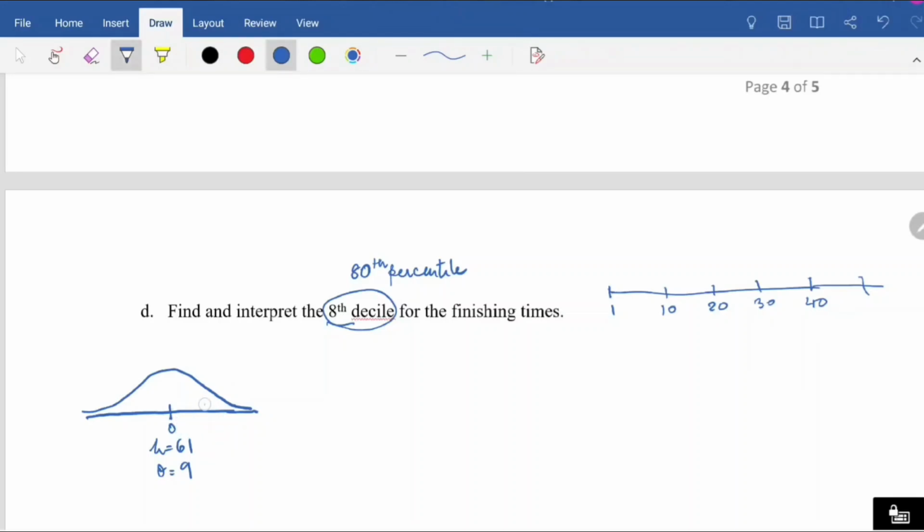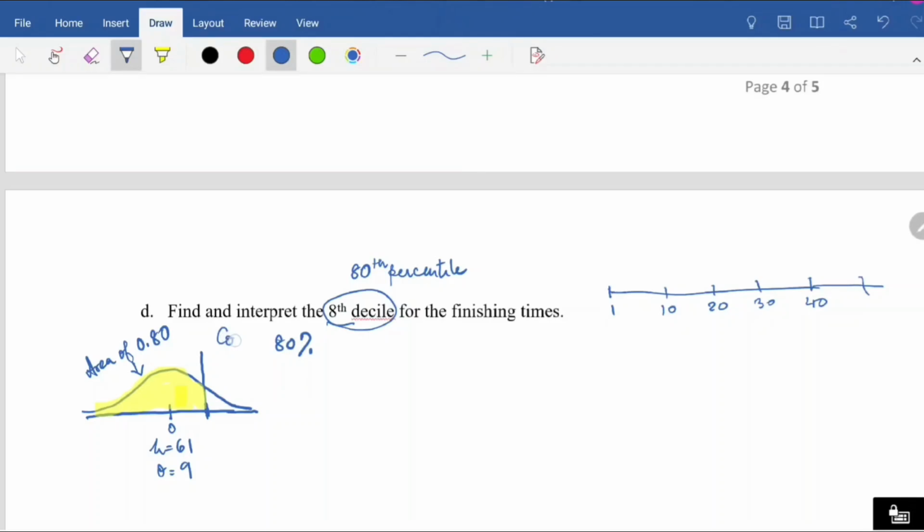So I'm going to mark just randomly a point on the right hand side of the center point and pull the line up vertically and shade the area to the left. We shade the area to the left, and that represents an area of 0.80. You have to convert your 80%.